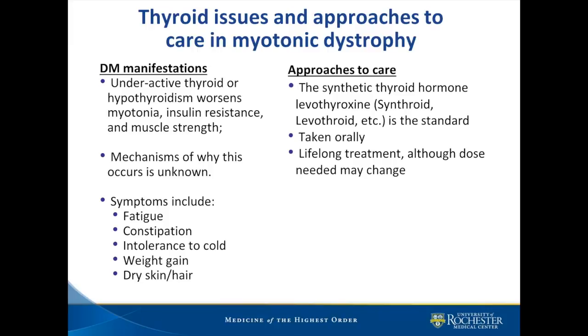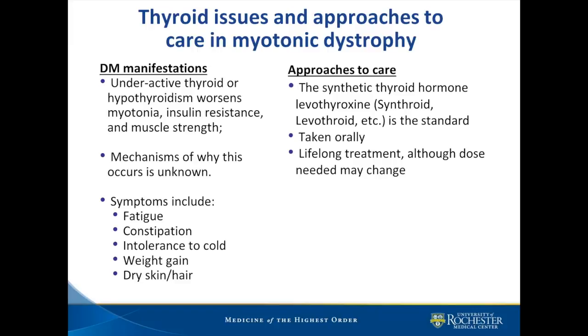And the thing that is worrisome, although there's no carefully controlled prospective study, in some of our own personal experience and in a few case reports that we've published, is the degree of muscle wasting that occurs during the time the patient has hypothyroidism that's not being treated.